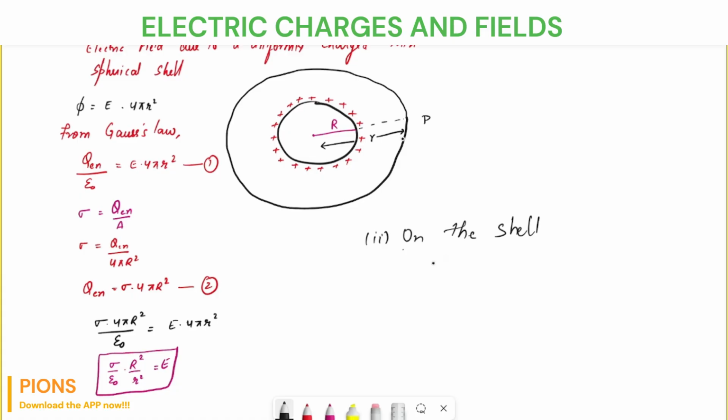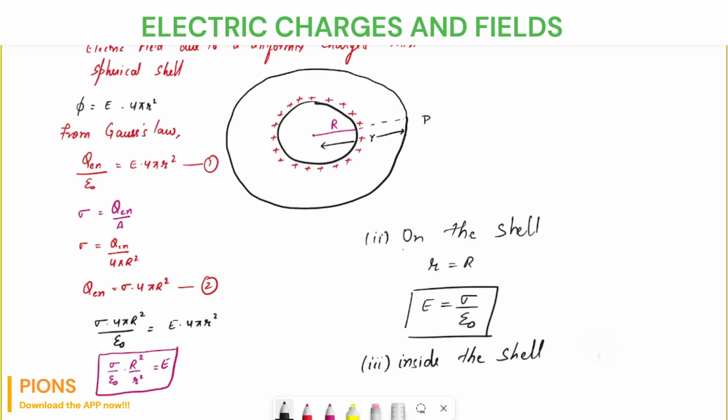Now, on the shell, small r will be equal to capital R. So the electric field straight away we can write as sigma by epsilon naught, because r square and R square get cancelled. Third case, inside the shell. So it will be 0.